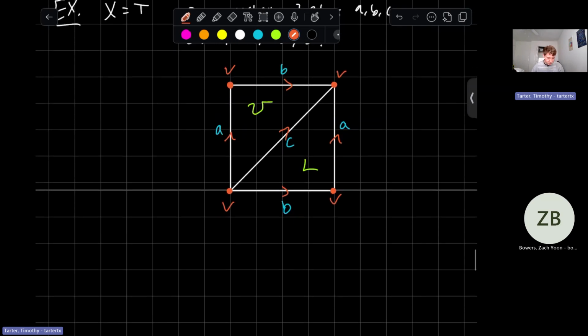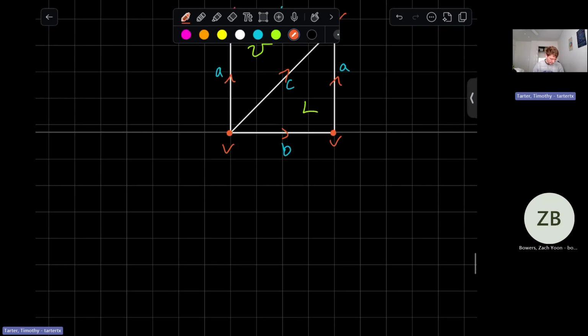So as pictured in the previous example, partial 1 is 0.